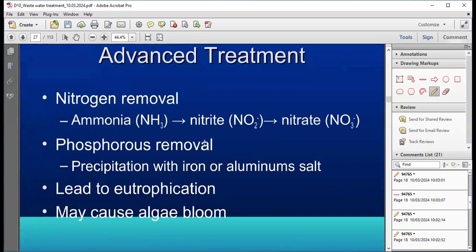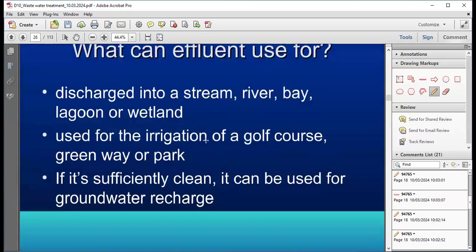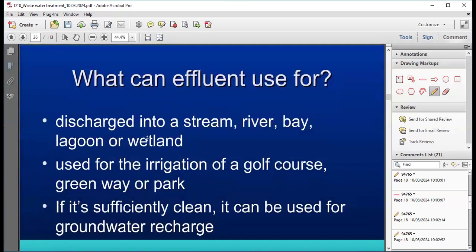Advanced treatment consists of nitrogen removal and lead removal. Normally developed countries have this wastewater treatment arrangement. Normally developing countries don't have the rules and laws.